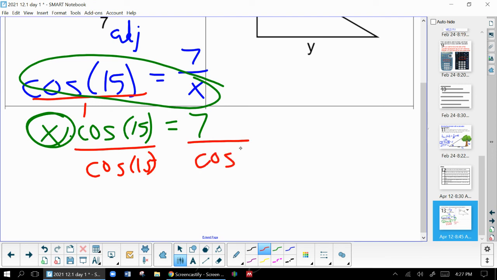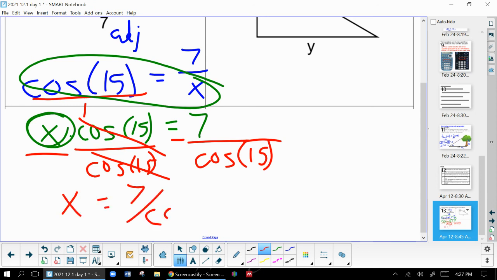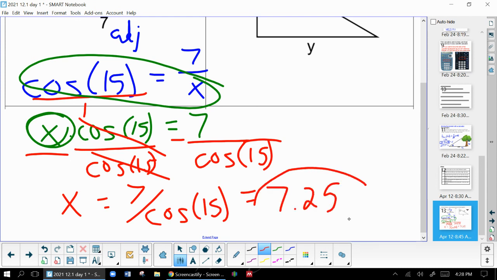If you remember back to that chart, it's just a number that your calculator is looking up, and I can cancel that out, and I have the equation x equals 7 divided by cosine of 15. And that is something that I can type directly into my calculator and see what I get. So calculator says 7 divided by cosine of 15 is 7.24 or 7.25 if we round correctly. And there's your answer. So go ahead and give those a shot.